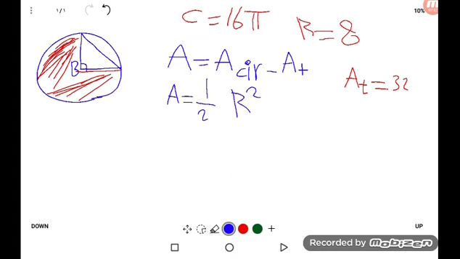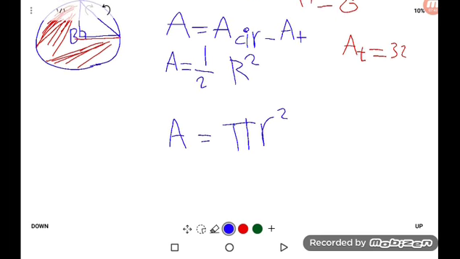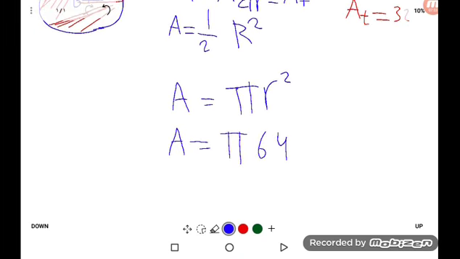Now area of circle is equal pi r square. So area is equal pi times 64. Now 3.14 times 64 is equal to 200.96.